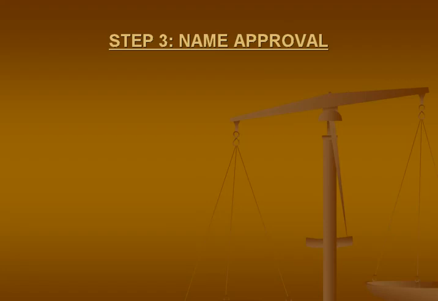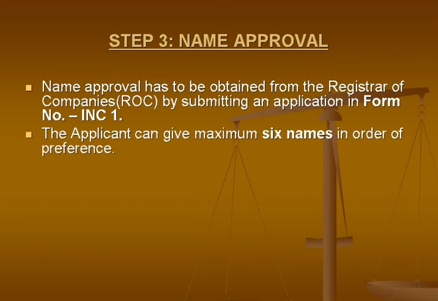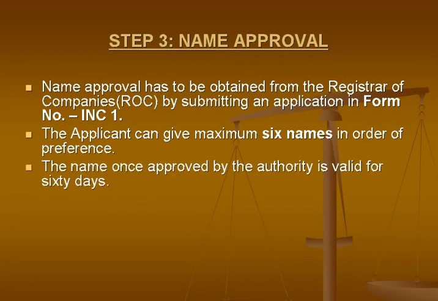Now the next step is name approval. Name approval has to be obtained from the Registrar of Companies by submitting an application in form number INC1. The applicant can give a maximum of 6 names in order of preference. The name once approved by the authority is valid for 60 days.